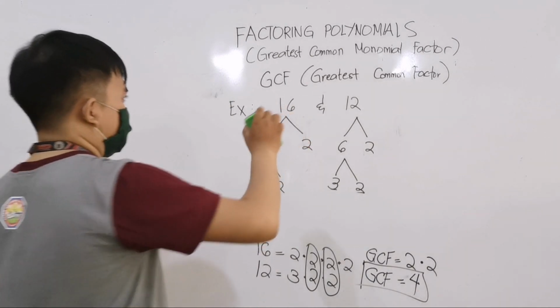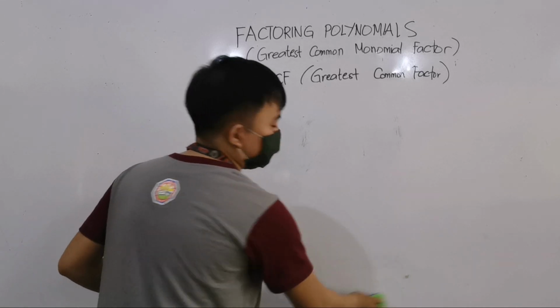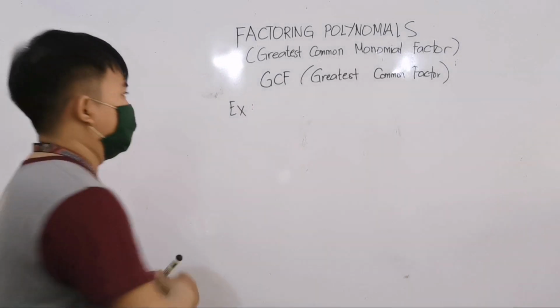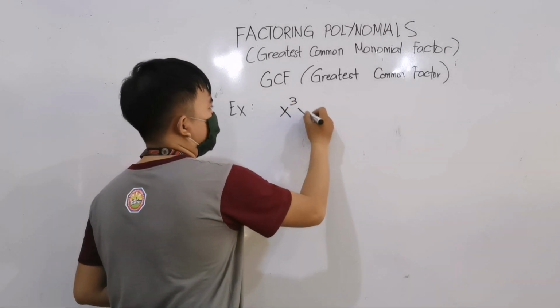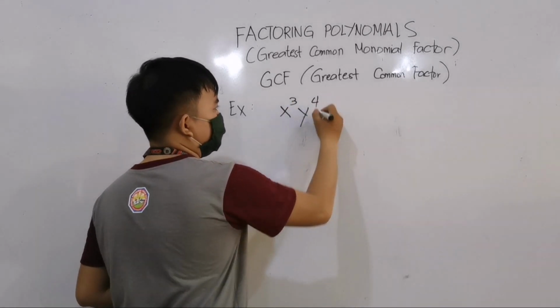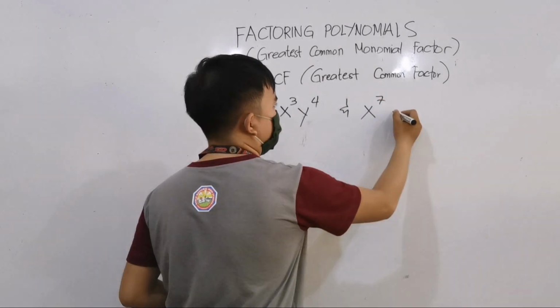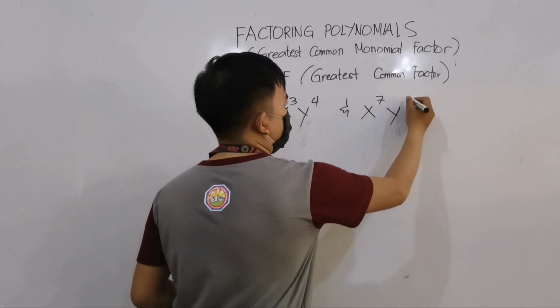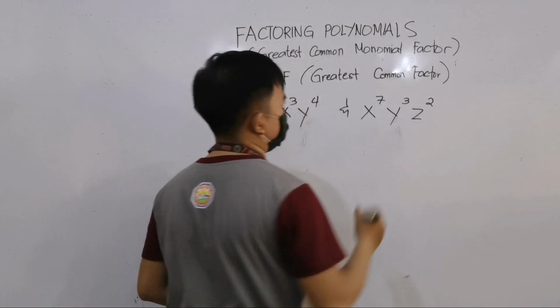Ngayon, ang tanong, paano kapag polynomials po ang given natin? Let's say, for example, we have x cubed y raised to 4, and x raised to 7 y raised to 3 z raised to 2.